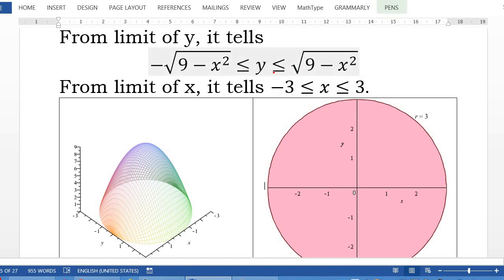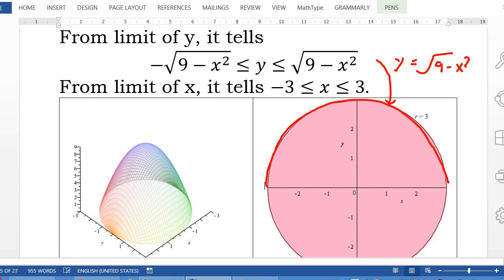y equal to root of 9 minus x squared is actually the upper curve here. And the bottom curve is y equal to negative root of 9 minus x squared.